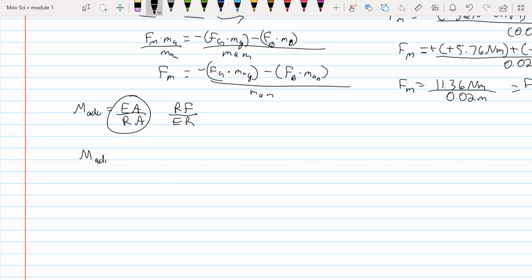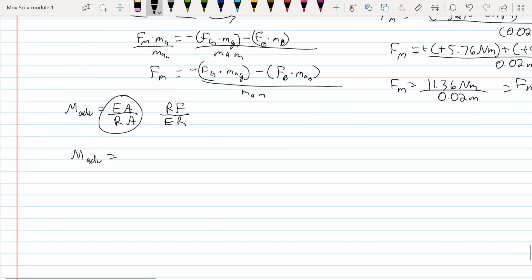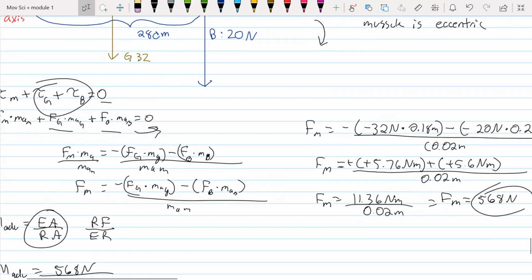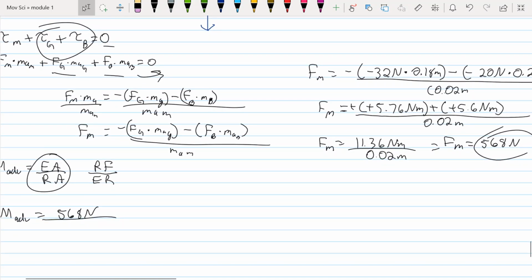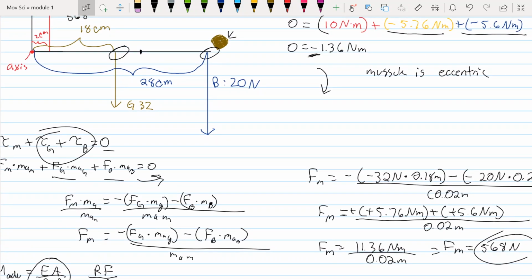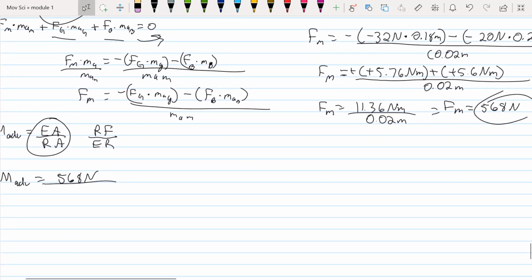So just plug and play. Mechanical advantage equals the resistive force, which is our 568 newtons, over our resistance. Our effort force is our 32 newtons plus our 20 newtons.